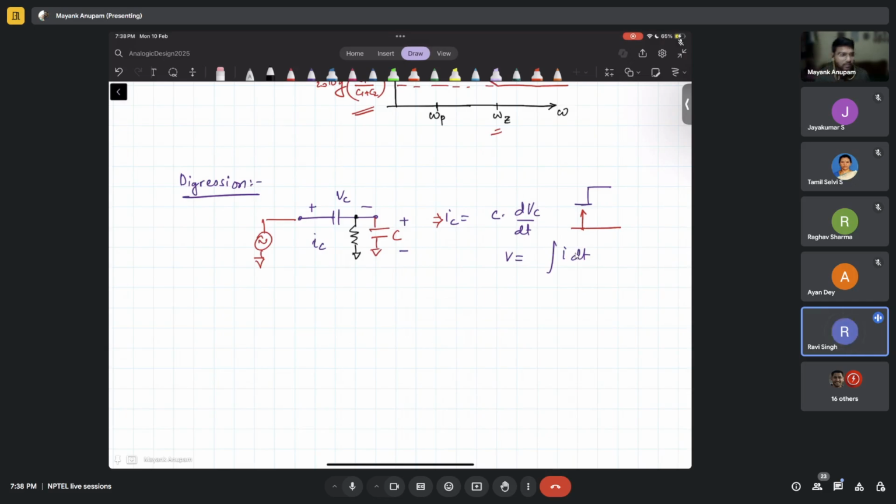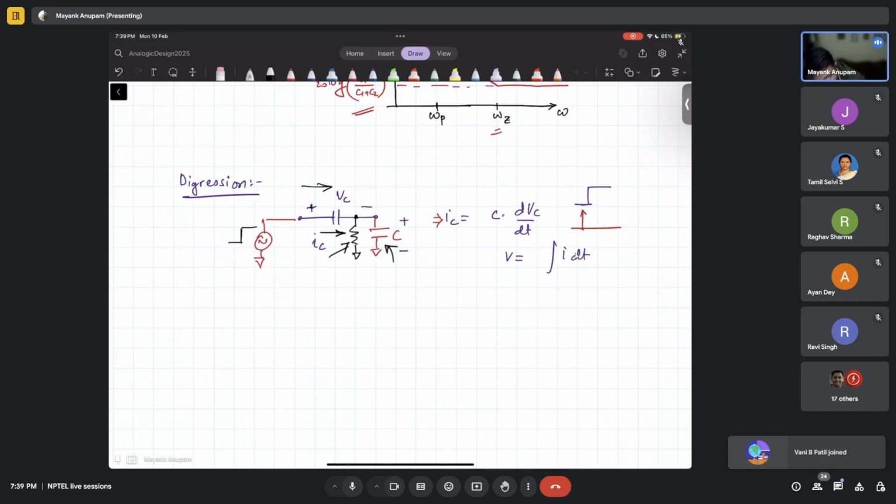So basically, let me rephrase what you are trying to say and confirm whether this is what you meant. Initially, when the input suddenly gave a step here, the voltage across the capacitor changed instantaneously, which will induce an infinite amount of current, right? And that infinite amount of current, rather than flowing through this resistor, will prefer this capacitor, right?